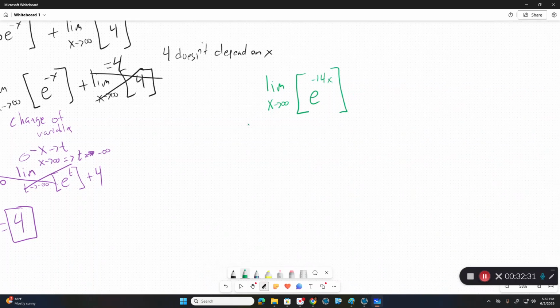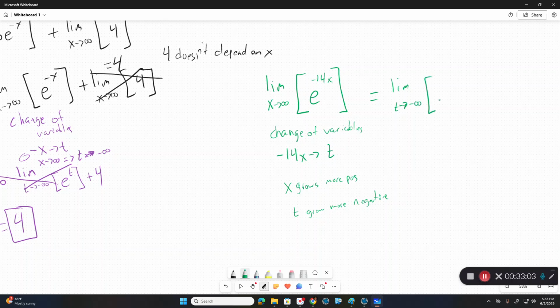Well, once again, I'm going to do a change of variables. Negative 14x is going to go to t. So as x grows more positive, t is going to grow more negative. So I can rewrite this as the limit as t approaches negative infinity of e to the t, once again equaling 0.